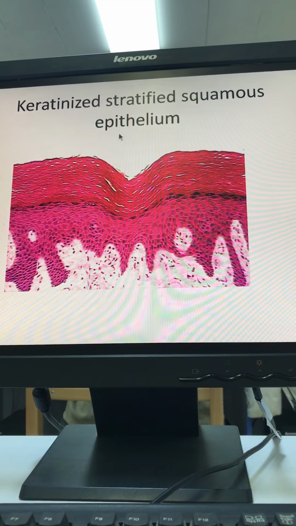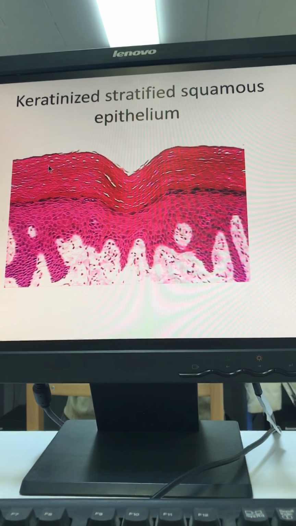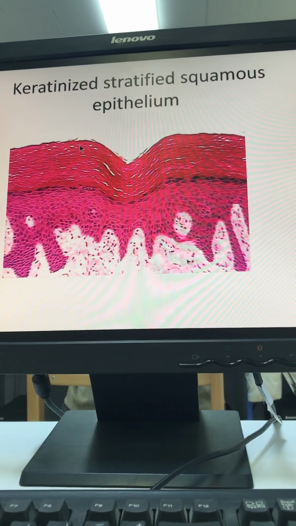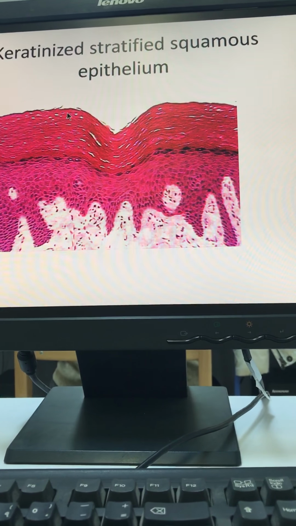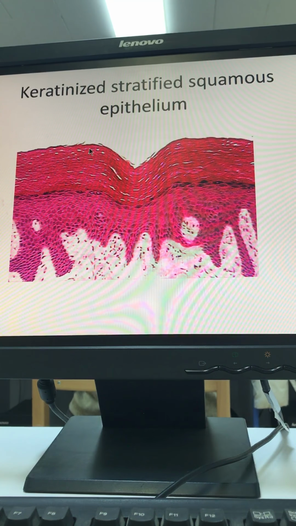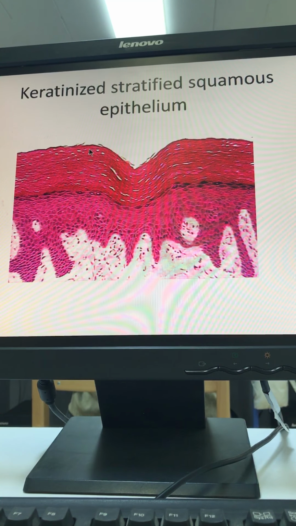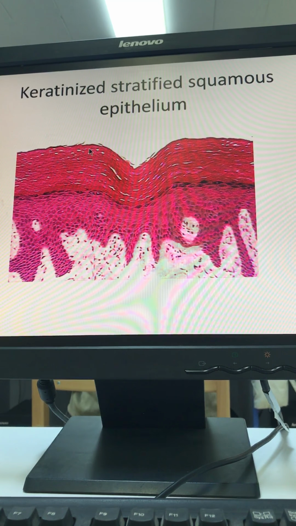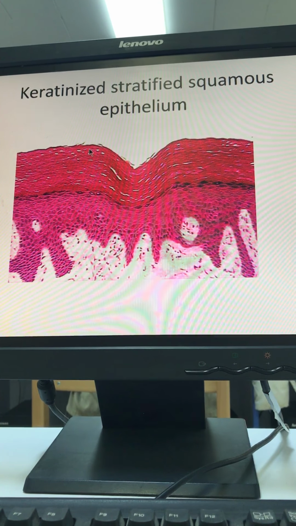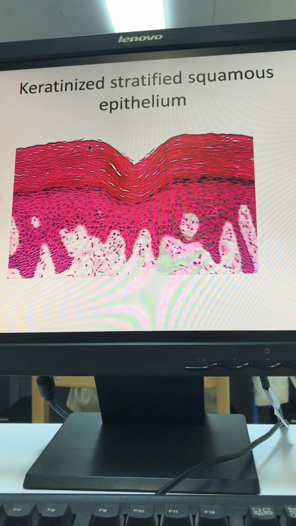Actually, this type of epithelium is present within the skin. This slide is from the skin. We have keratinized within the oral cavity. We can see both keratinized and non-keratinized stratified squamous epithelium.